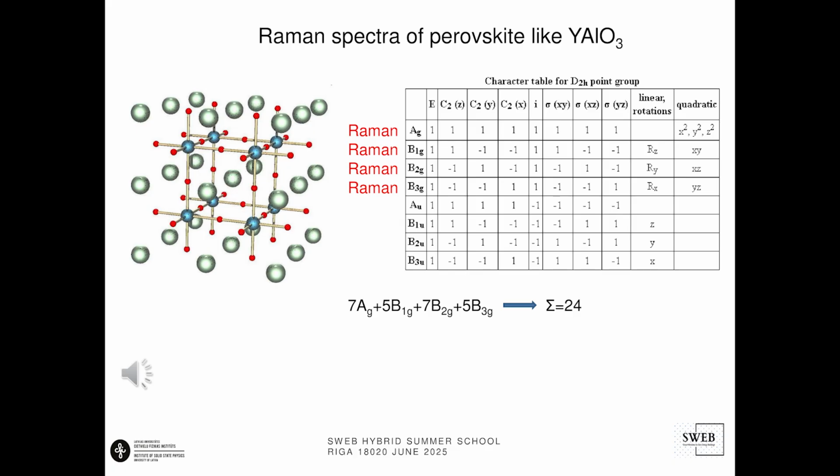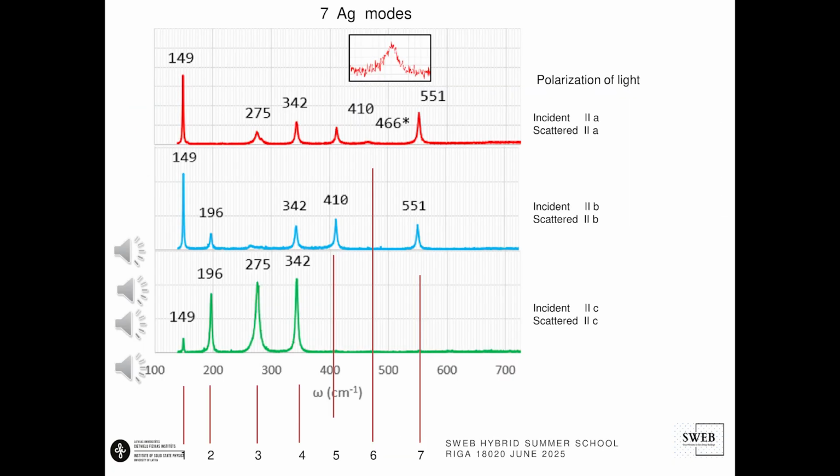The YAP crystal has a total of 24 active Raman vibrations in its Raman spectra. They correspond to 4 different symmetries. Therefore, by properly choosing the experimental geometry, we can obtain a Raman spectrum corresponding to vibrations of one particular symmetry.